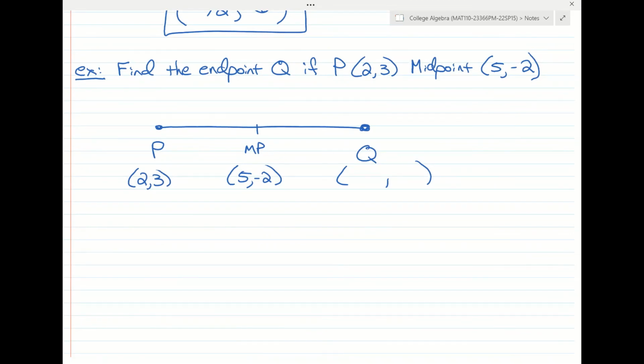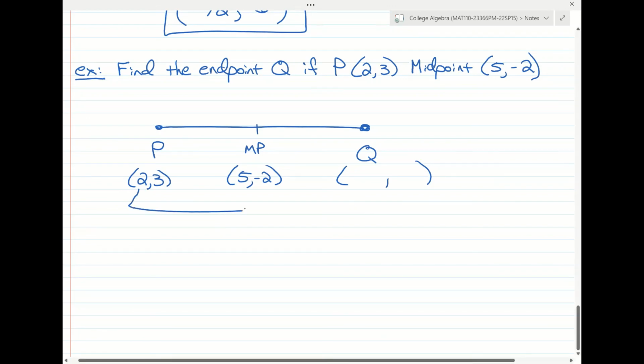If that point in the middle is the midpoint, what we could do is just count to go from one coordinate to the next. So what do you have to do to 2 to get 5? We add 3. To go from 5 to this point, we just add 3 again.